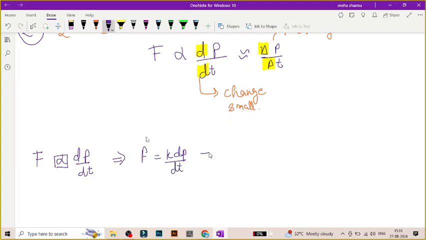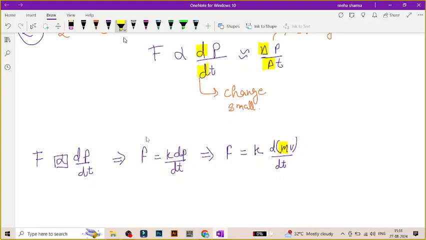Now we know the formula of P, that is momentum. What is the formula of P? That is mass into velocity. Mass of an object can be changed by motion?